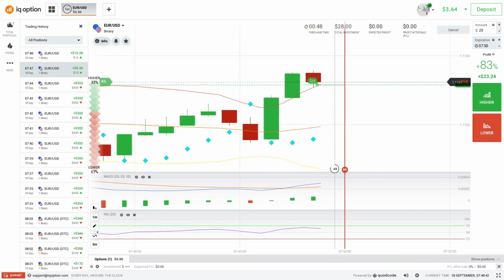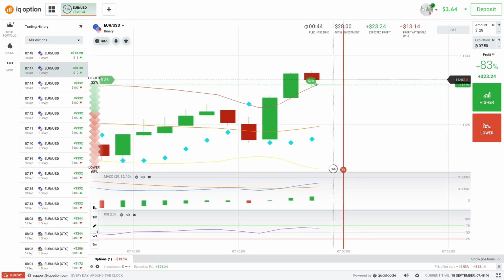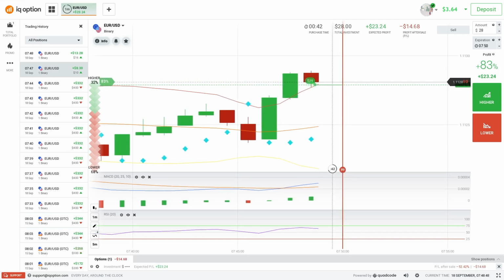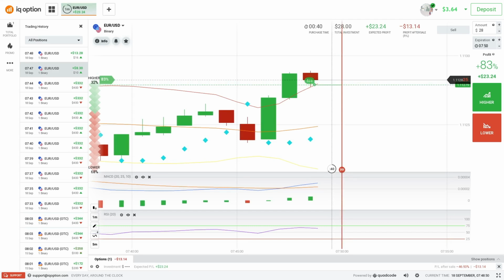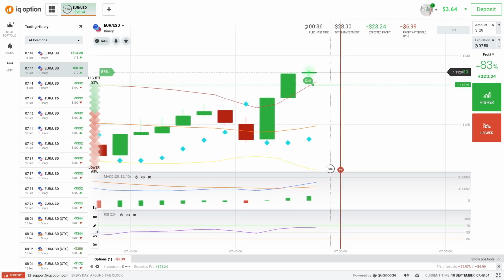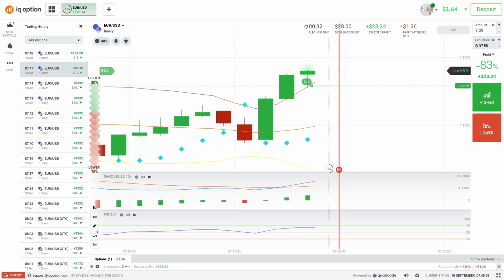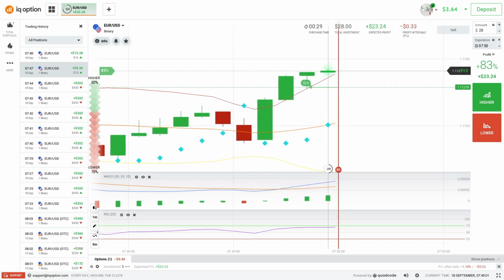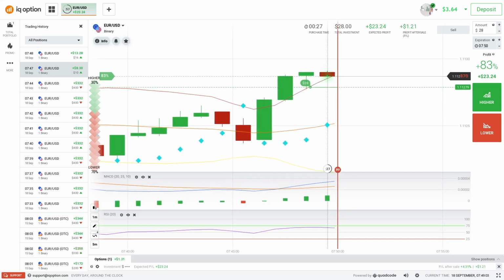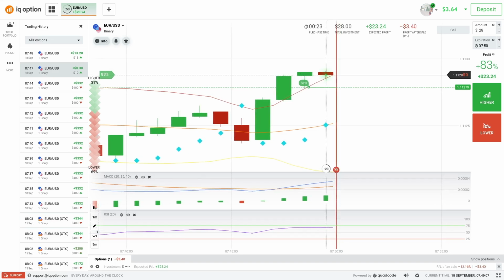So $28. As I was saying, interest rates and monetary policies affect the Euro USD market or any market. Let's say the central banks, the European Central Bank, and the Federal Reserve, the Fed for the US dollar, play a significant role in shaping the Euro USD exchange rate.